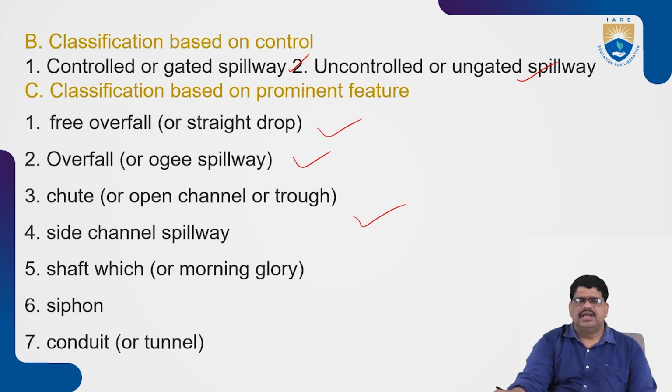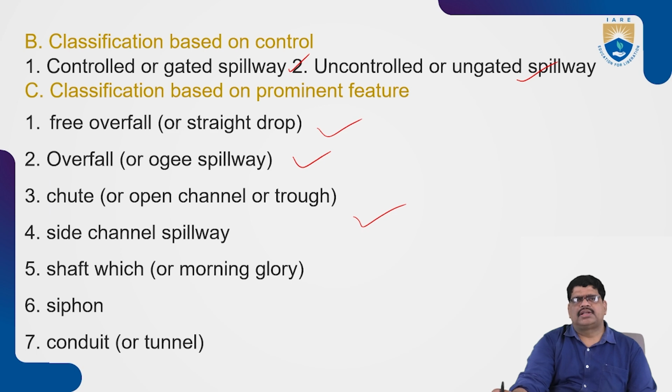Air enters from outside and stagnates, and again the water level increases. That is the siphonic action we call. Whenever required, it flows, and the remaining time an air lock is provided there due to the siphonic action. That's why we call it a siphonic spillway.